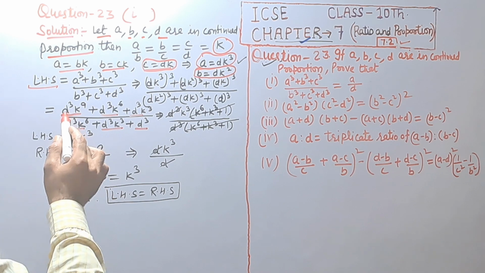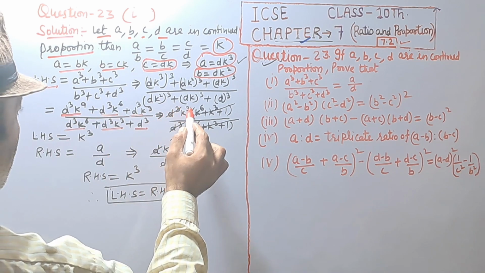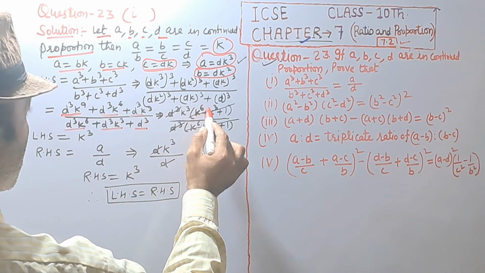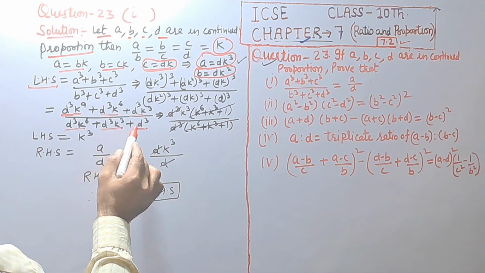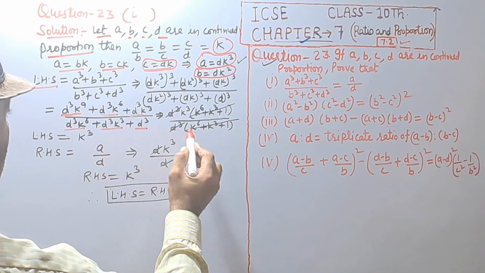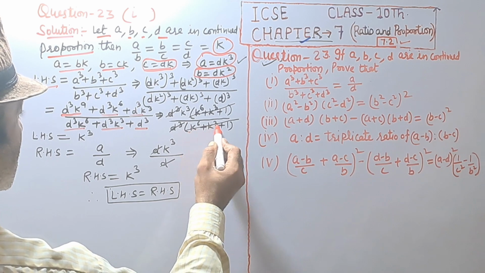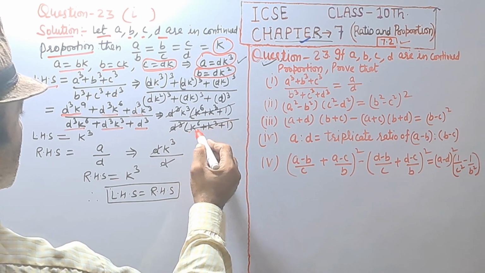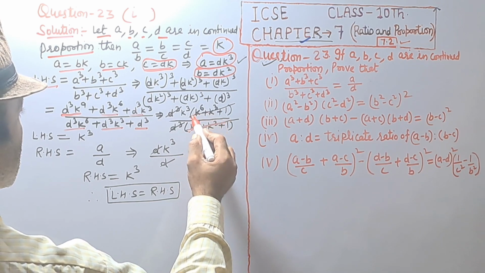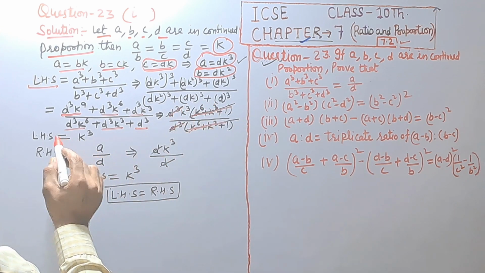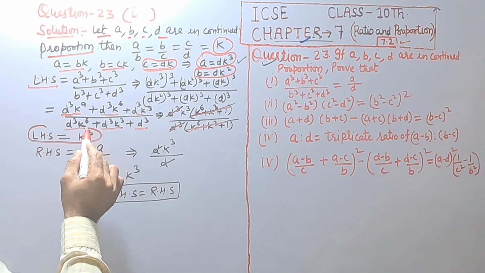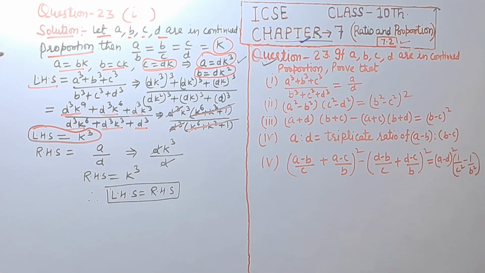We are taking common D raised to power 3, K raised to power 3 in bracket K raised to power 6 plus K cube plus 1, divided by D cube is common, and in bracket K raised to power 6 plus K raised to power 3 plus 1. This is cancelled, and D cube is also cancelled, so we get left hand side is equal to K raised to power 3.